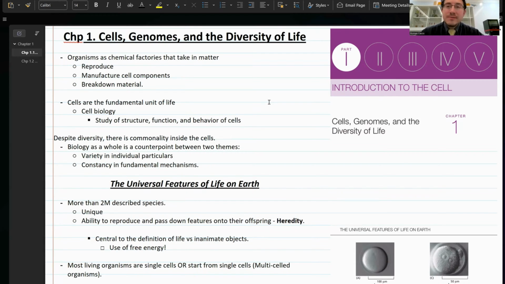That being said, this book, of course, focuses on cells and that idea that cells are the fundamental unit of life, right? And the whole focus of cell biology is that concept of studying the structure and function, right, and overall behavior of cells. Okay.